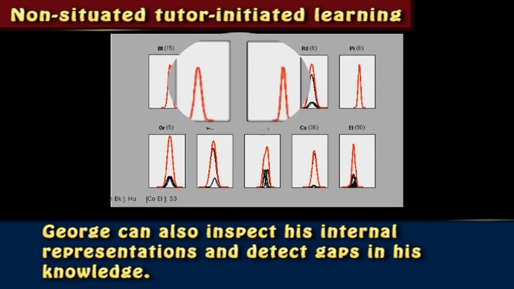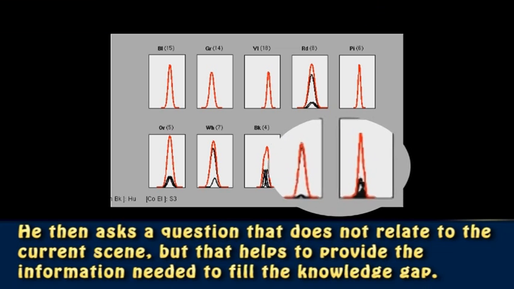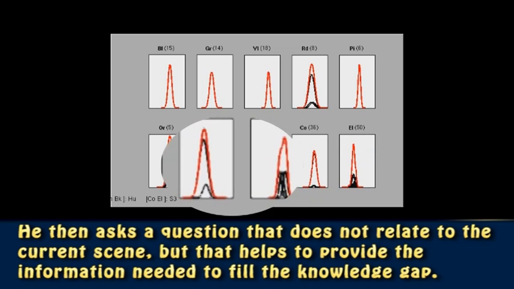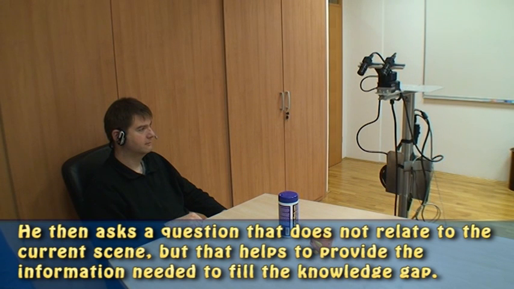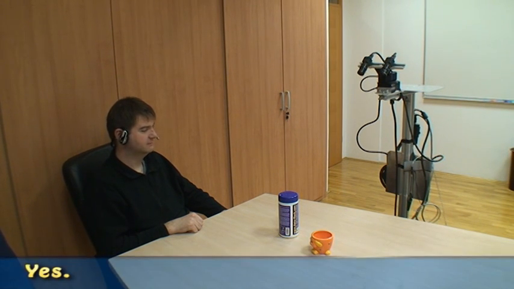George can also inspect his internal representations and detect gaps in his knowledge. He then asks a question that does not relate to the current scene, but that helps to provide the information needed to fill the knowledge gap. Could you show me a white object? Yes.